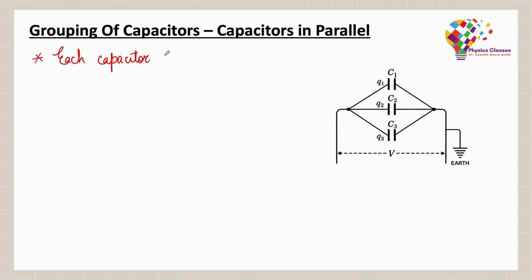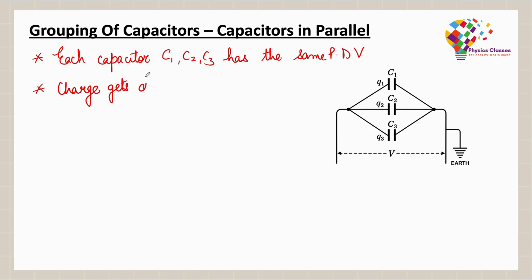So each capacitor, that is C1, C2, C3, has the same potential difference V. Also, over here the charge gets divided, or you can say that the charge splits up.